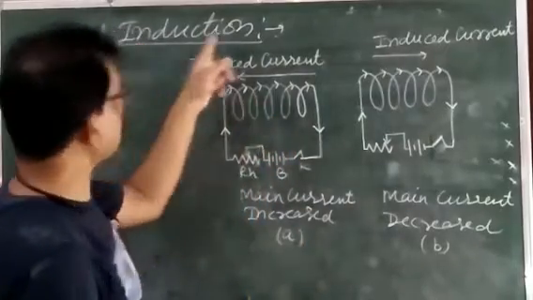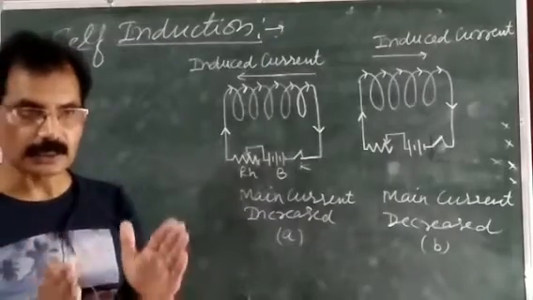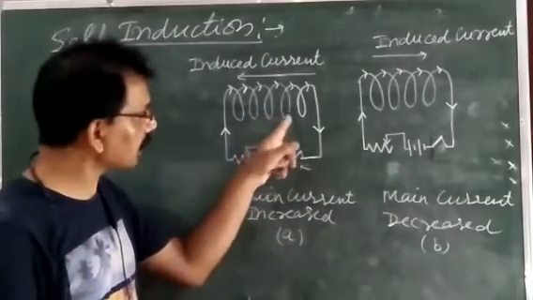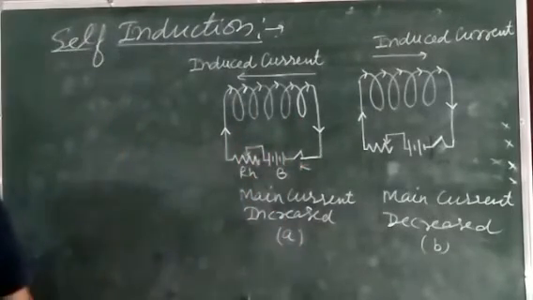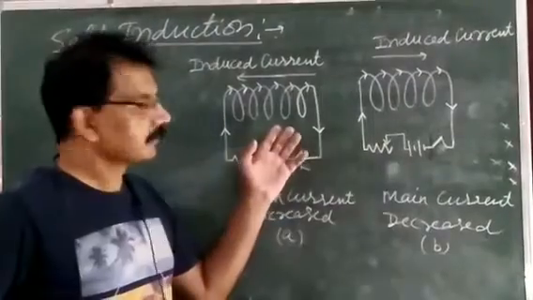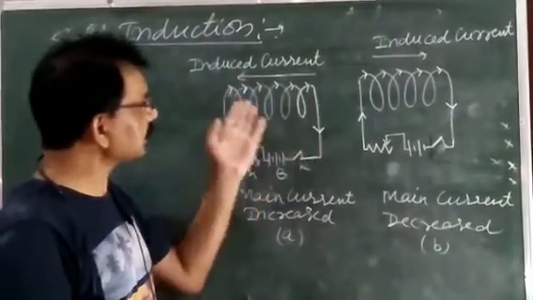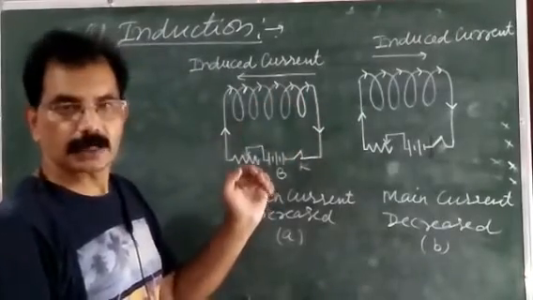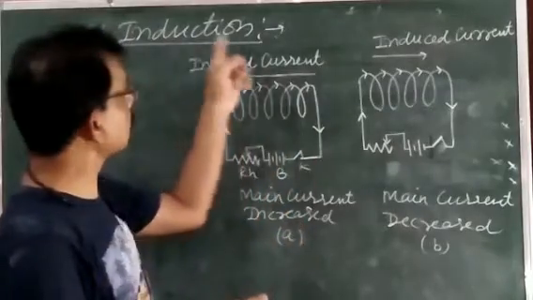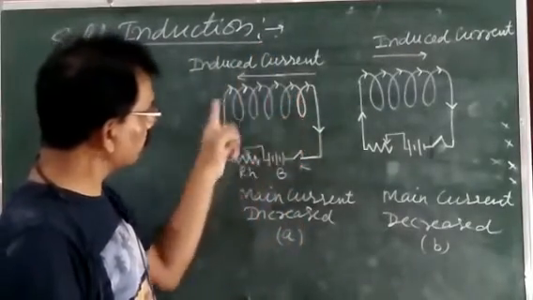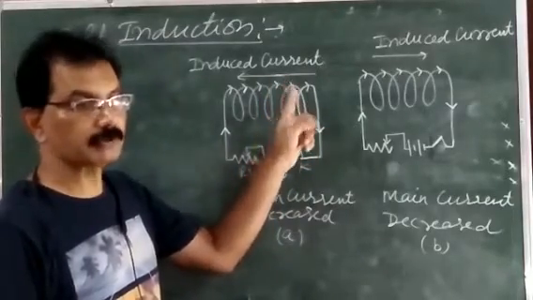Actually, self-induction is a phenomenon of electromagnetic induction in which on changing the current in a coil, an opposing EMF is developed in each turn of the coil. This phenomenon is called self-induction. And if the coil is closed, then that induced EMF is the cause of the induced current.